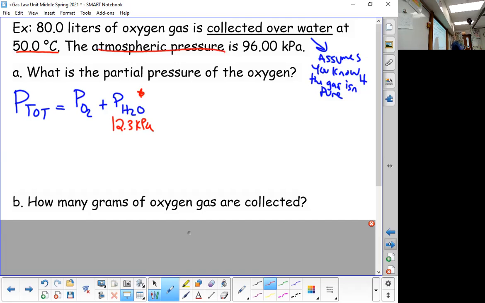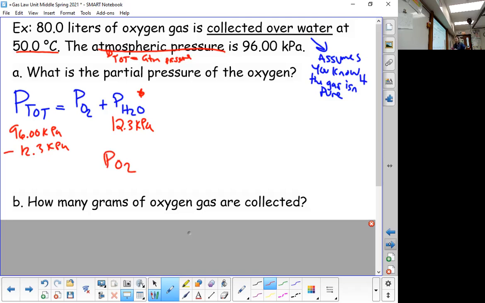Okay, if this gas is collected over water, that water has to be exposed to the atmosphere. And so total pressure is going to be equivalent to atmospheric pressure. So here we can put the 96.00 kilopascals, and we subtract the 12.3 kilopascals here, we will get the partial pressure of oxygen.